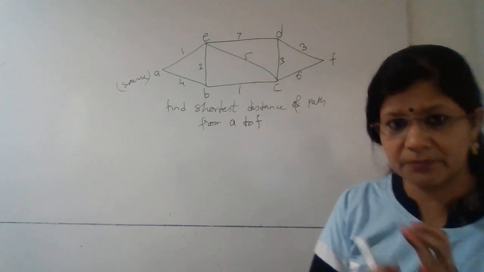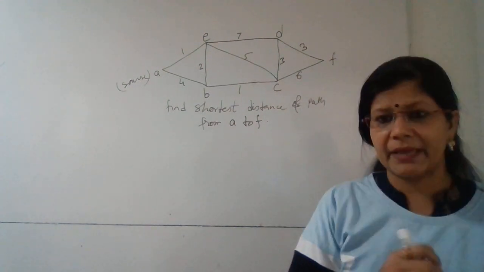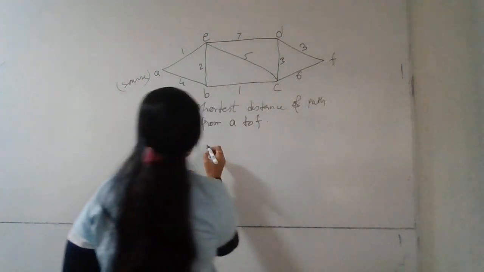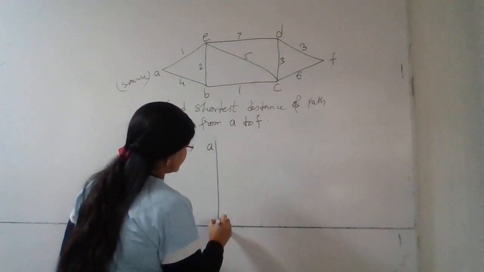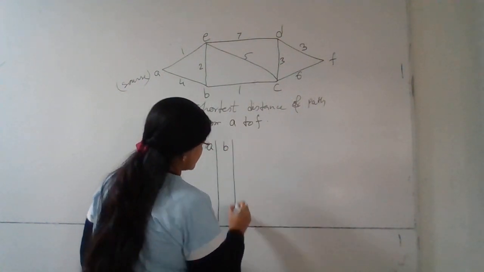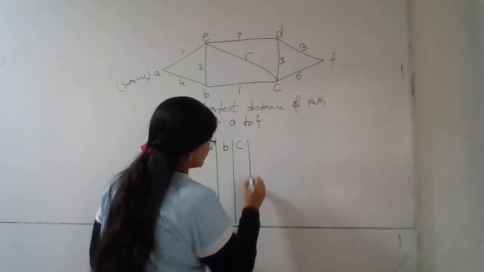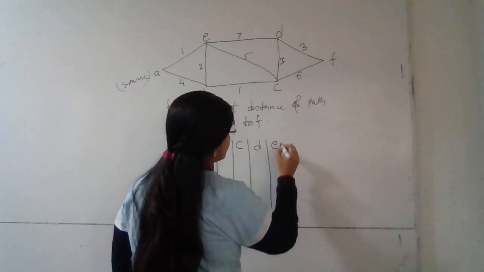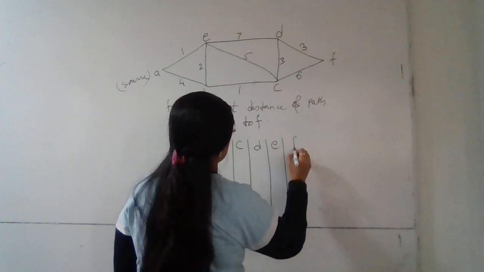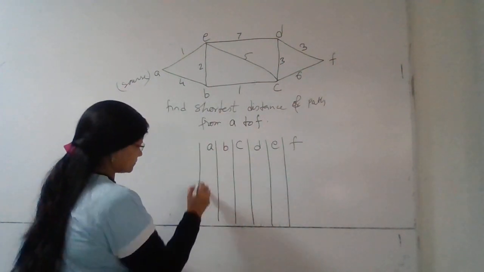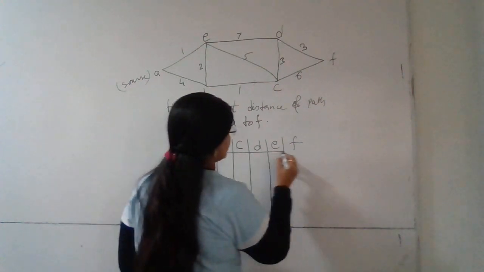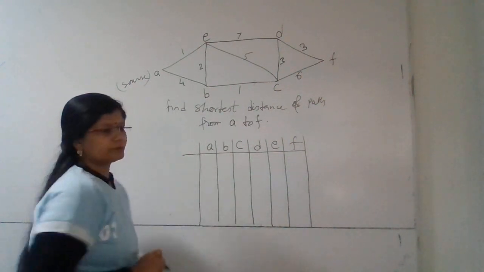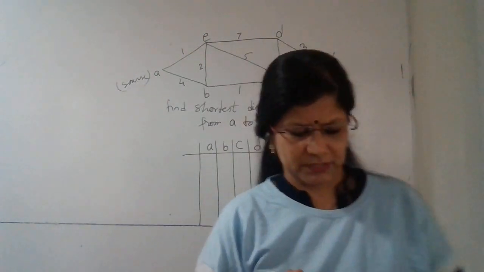Now start the algorithm. First, form a table from A to E. Now make a table.